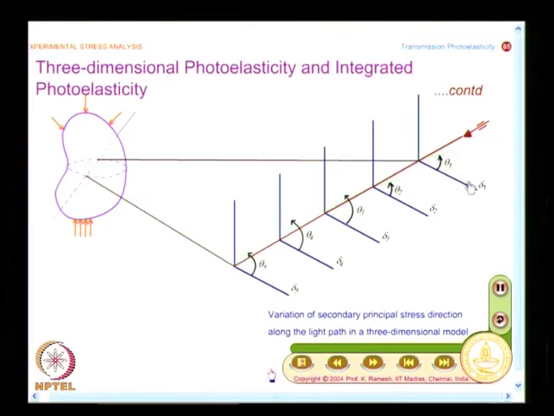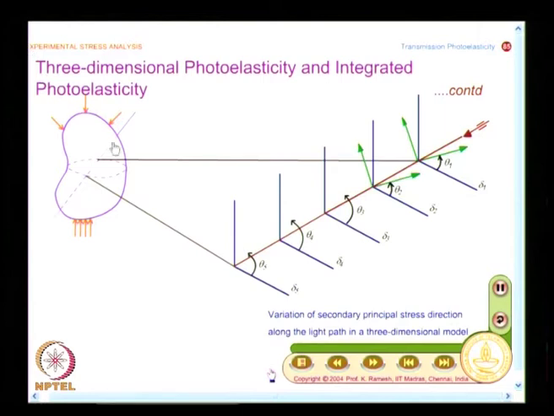In a 2-dimensional problem, you had only one plane. So, whatever the light that you sent, whatever the fringe patterns you observed, you could relate it to theta as well as delta without any difficulty. But what complicates in a general 3-dimensional model is that this orientation changes as a function of the plane. Not only the orientation, but also the retardation changes from delta 1 to delta 2, delta 3, delta 4, delta 5 and so on.